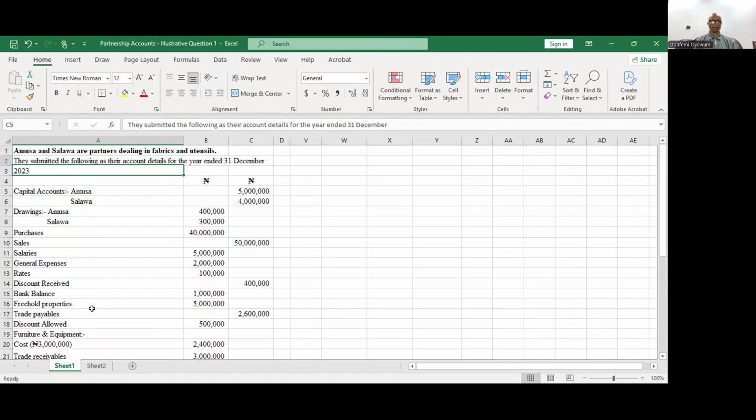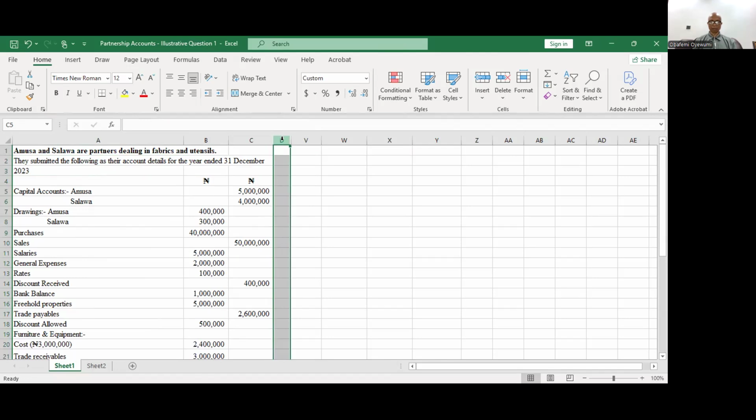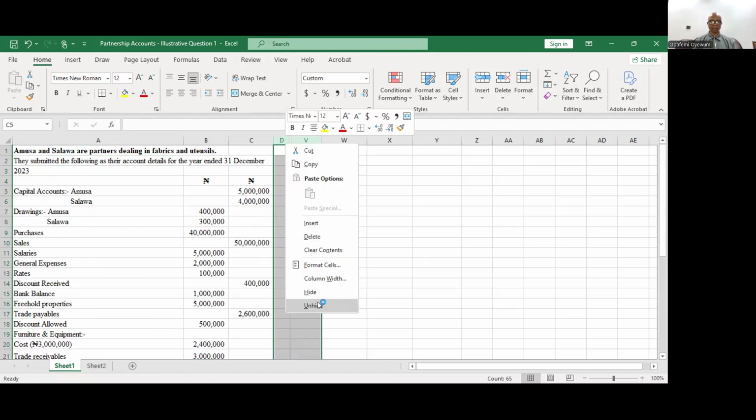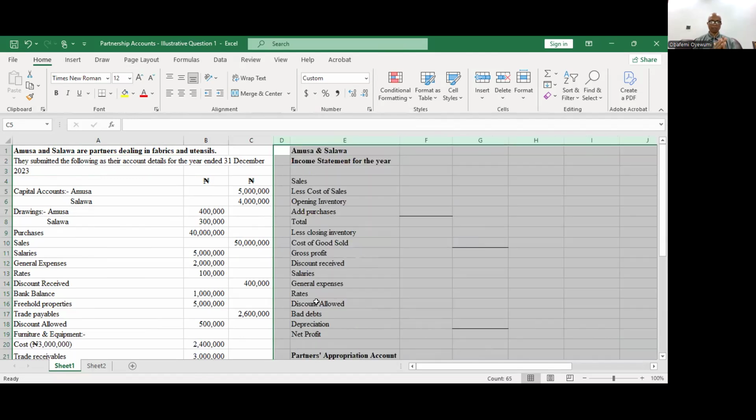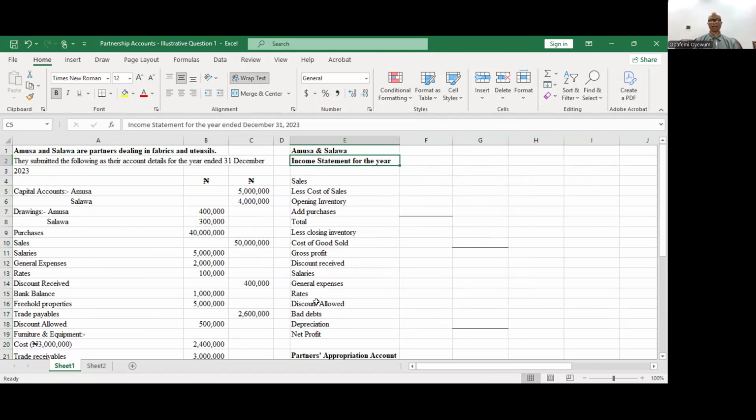So I've also put together a kind of frame so that I'll be able to quickly finish solving this question. So we have Amusa and Salawa, income statement for the year ended 31st December 2023.